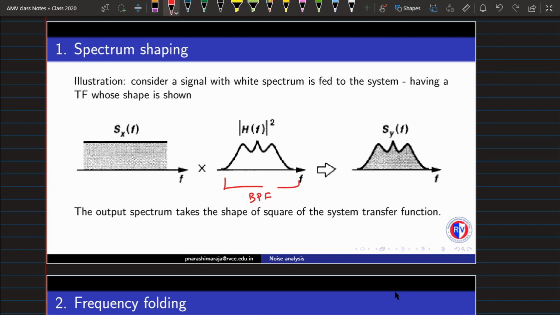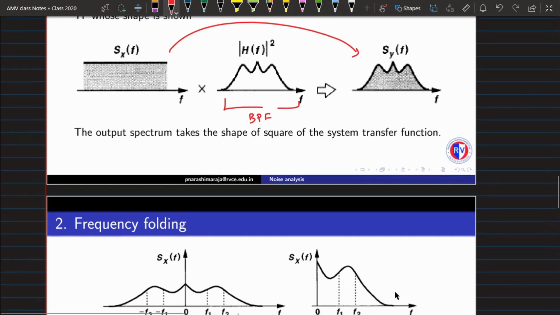So now if this power spectral density is multiplied with the transfer function square of the LTI system, then the output would look something like this. Okay, so this is the reason why it is termed spectrum shaping. Clearly the input had a white spectrum and that has got molded into the shape of this transfer function at its output.